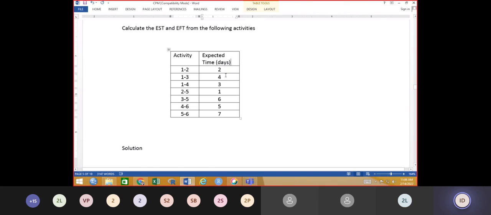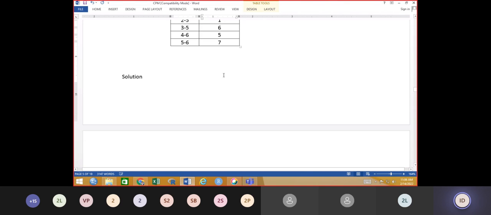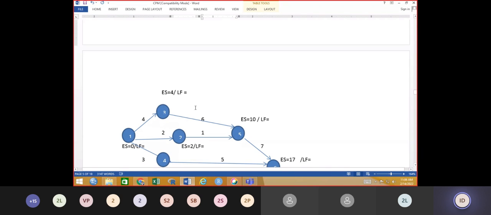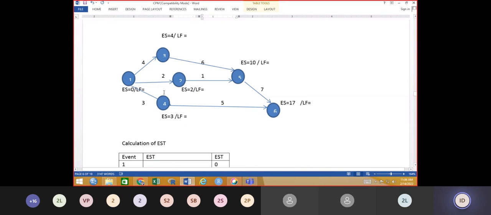So this is the estimated time given for each and every activity, and the same is represented in the diagram also. So 1 to 2 is 2, 1 to 4, 1 to 3. Now the activity 1 to 2. Before 1 to 2 there is no other activity, so it just begins.